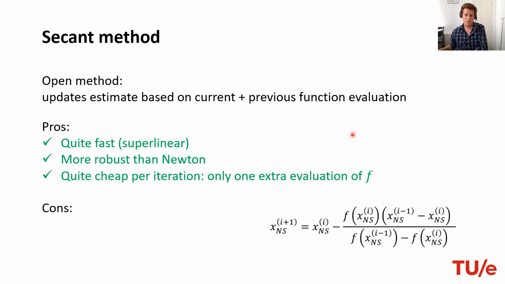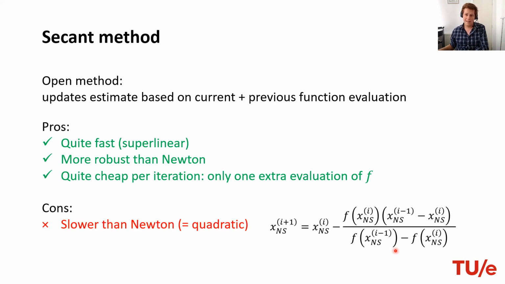Also, it's as cheap as the bisection method, so it only requires one extra evaluation of f within each iteration, because you can save the f value from the previous iteration in memory. That's something that pops up when f is particularly expensive to evaluate numerically. This is a handy thing to keep in the back of your mind.